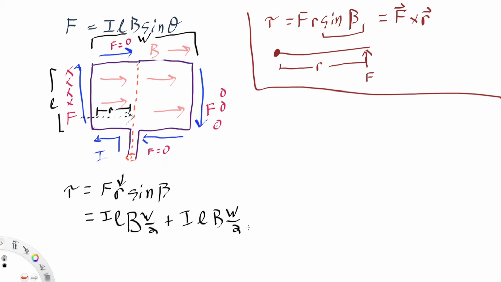So since there's two of them, one on each side, that gets rid of the half, the 2 in the denominators here. And then we have this factor of L and W, and if we've got a squarish loop here, L times W is just the area of the loop.